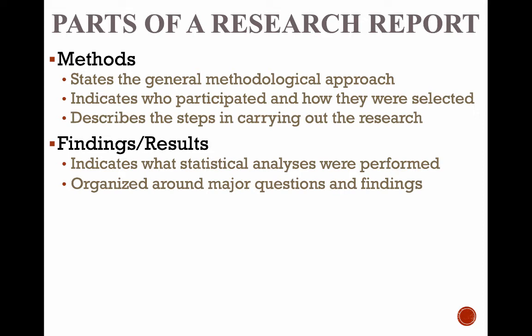And this is organized around your major questions and findings. So for your qualitative research, this would be where you're looking at some of the coding you've done, where you're outlining what the general patterns were.